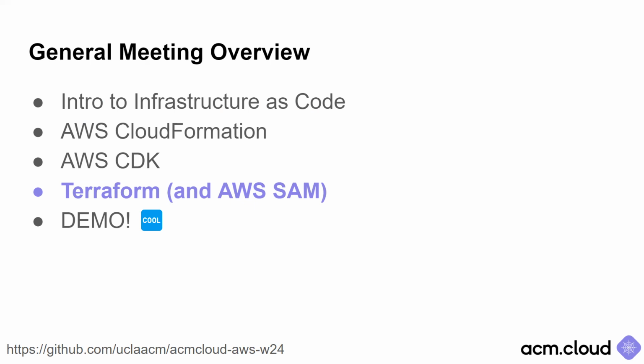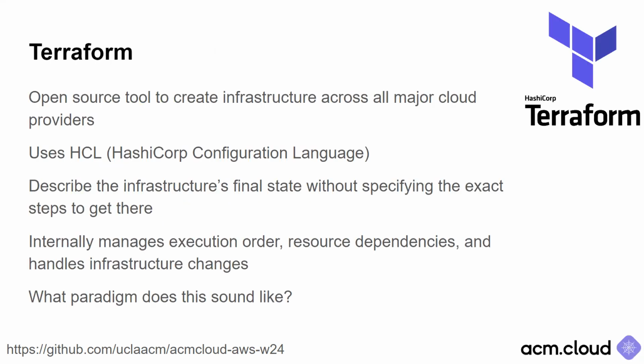All right, so as we mentioned earlier, all of these tools are specific to AWS, but Terraform is unique in that it allows us to create infrastructure across all major cloud platforms. It uses something called HCL, which stands for HashiCorp Configuration Language.